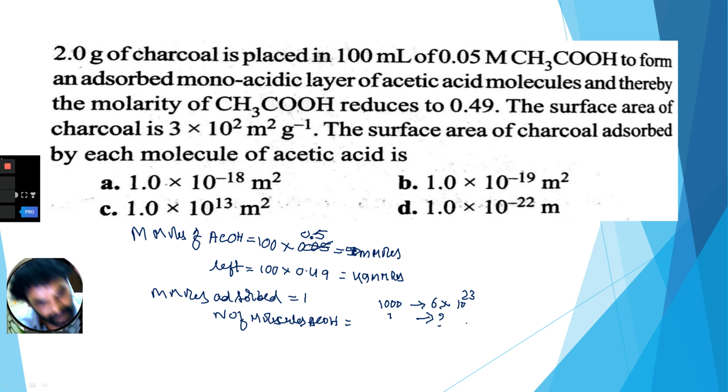From this you can find out. This is 6 into 10 to the power of 20 molecules. How many molecules are adsorbed? 6 into 10 to the power of 20 molecules are adsorbed. Now, let me take the other thing, the surface area.